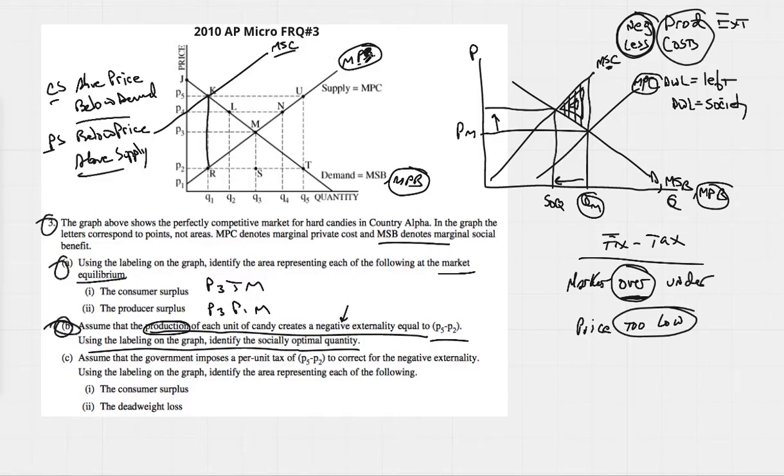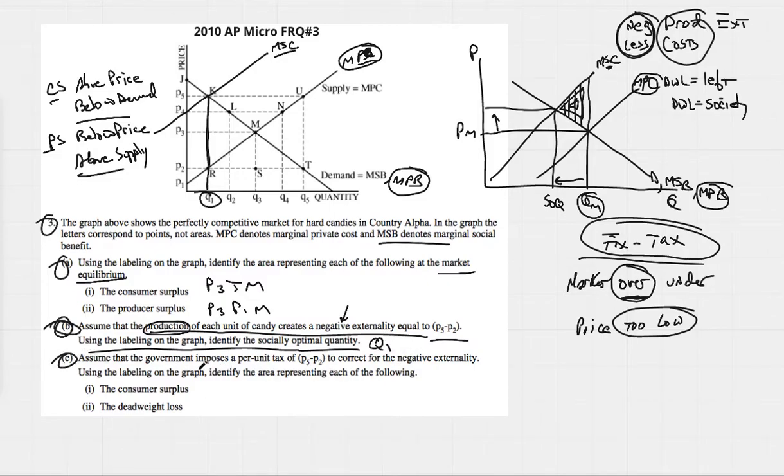Society's costs are greater than private cost. Therefore, society is being harmed. We need to tax this good at that amount of taxation. That vertical distance right there is the amount of tax that we should apply to this market. The social optimal would be right there. That's exactly what's going on. Q1 would be our social optimal quantity.